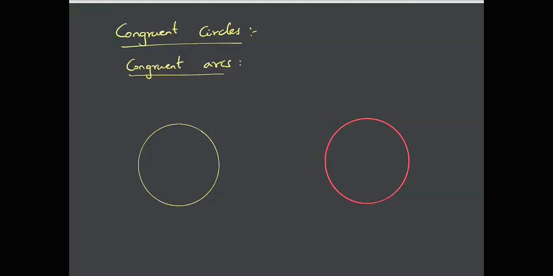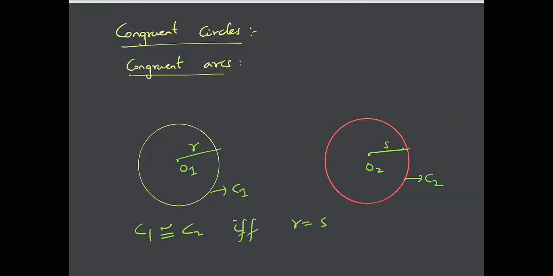The center of one is O1 and the radius is R. The center of the other circle is O2 and the radius is S. Say this is circle C1 and this is circle C2. These two circles are congruent if and only if their radii are equal, that is R is equal to S. If the radii are equal, then the circles are said to be congruent. If the circles are congruent, then the radii are also equal.